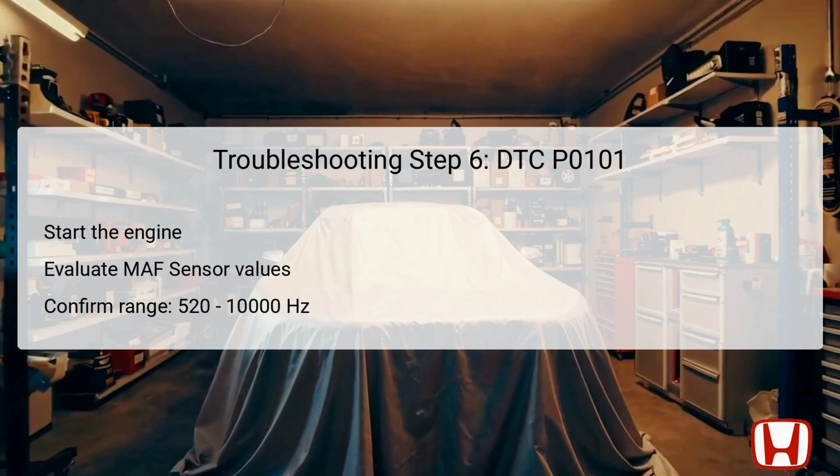Similar to the previous inspection, the normal frequency range for the MAF sensor should be between 520 and 10,000 Hz. If the HDS indicates readings outside this range, it indicates a problem with the MAF sensor or its assignment to AIT sensor 1.